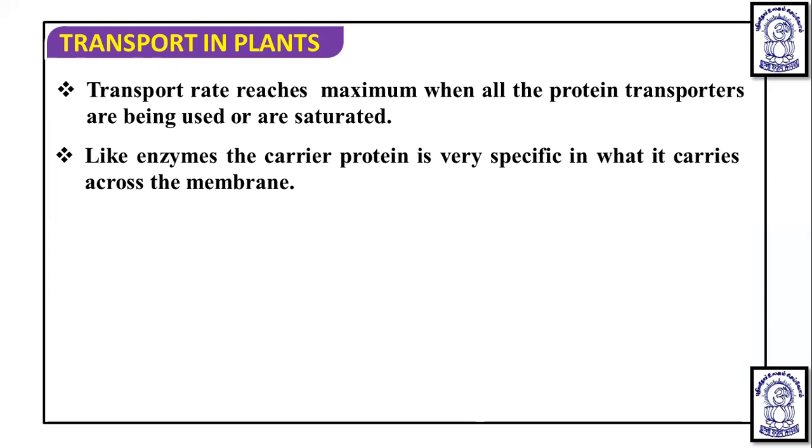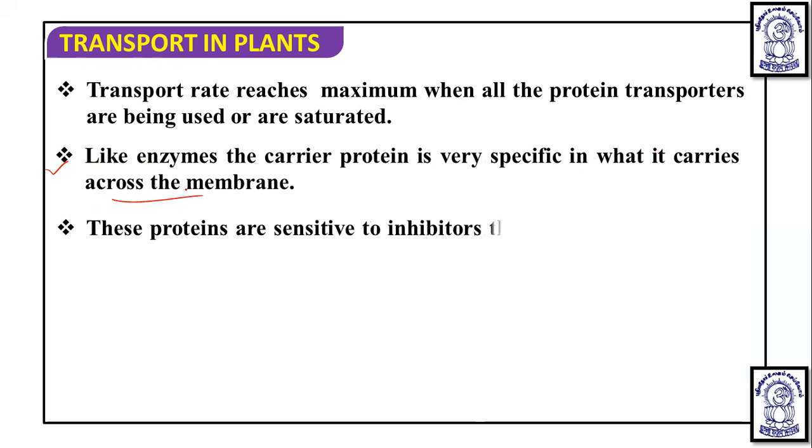And like enzymes, the carrier protein is very specific in what it carries. Means these pumps are specific, as we discussed channels are specific in the case of facilitated diffusion. These proteins are sensitive to inhibitors, which we can call transport inhibition. Here the inhibitor reacts with the protein side chain of the pumps and inhibits the transport. So this particular active transport is also very specific.